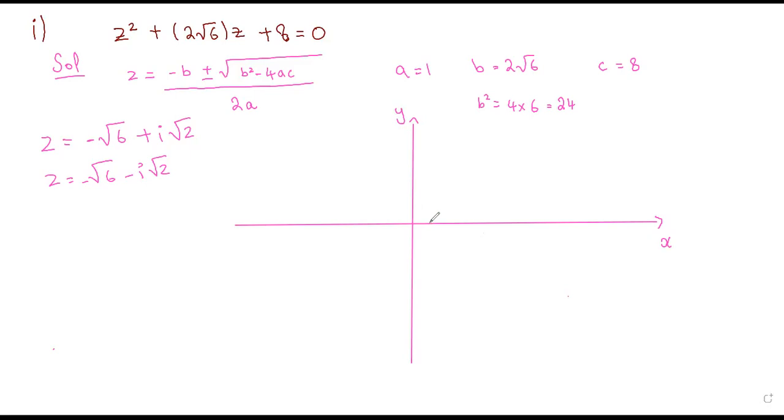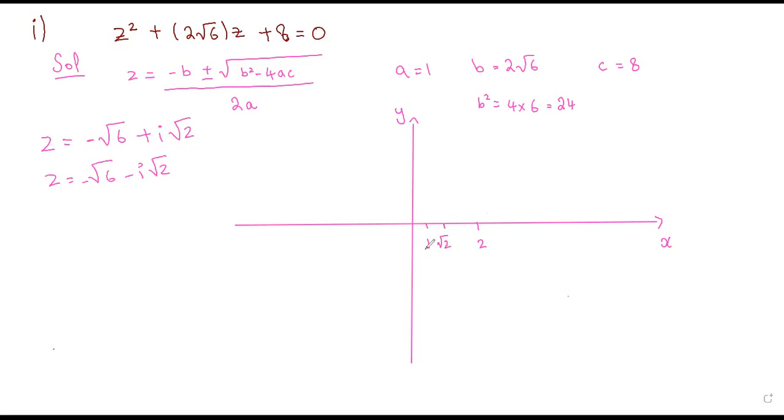So, let's say this one is 1, then we have 2, and then we have the values that we need to plot, under root 2, so it would be somewhere here, let's say. So that's under root 2.